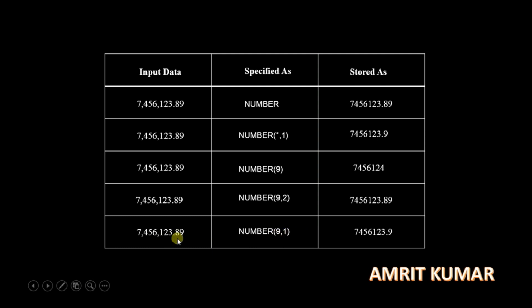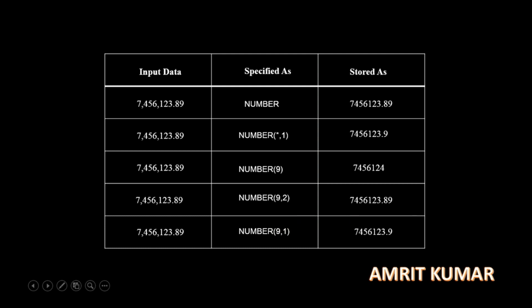Precision is 9 because the total count of the digits is 9. Scale should be 1. So here you are seeing 2 places after the decimal, but 1 place is kept after the decimal. This is what the fact says.